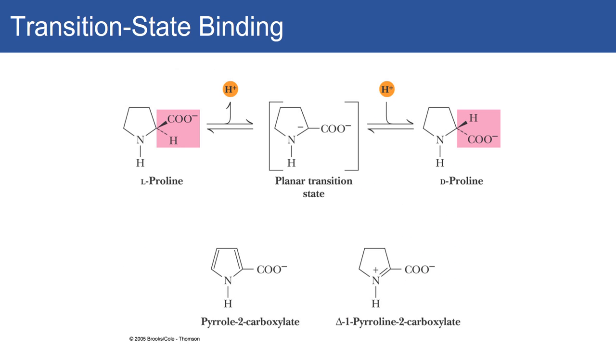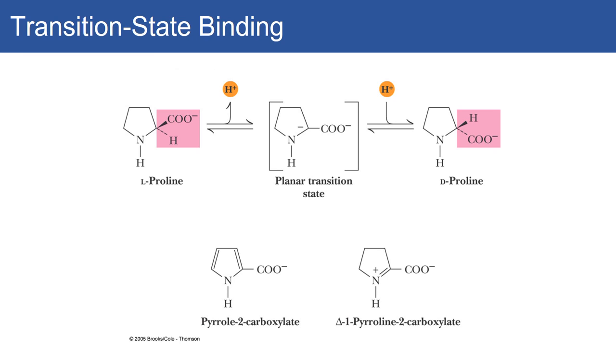The next mechanism of action we're going to discuss is transition state binding. The theory behind this is that the transition state, in this situation a planar transition state in proline, fits better geometrically and electrostatically in the active site than either L-proline or D-proline.